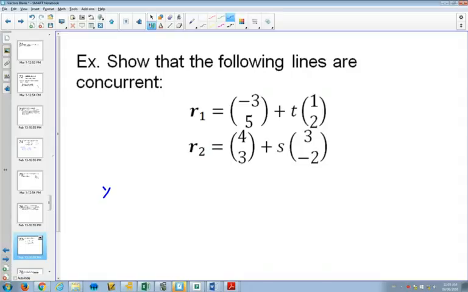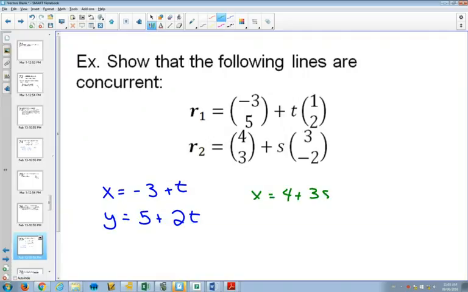For the first one, x would equal -3 plus t, and y would equal 5 plus 2t. In our second equation, x would equal 4 plus 3s, and y would equal 3 minus 2s.